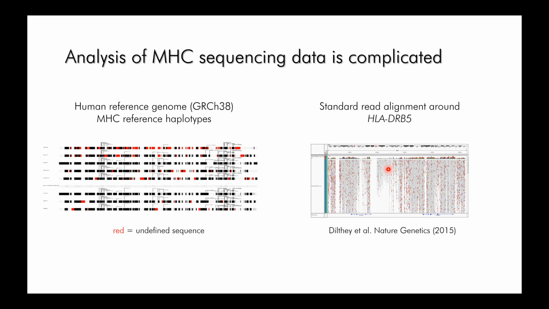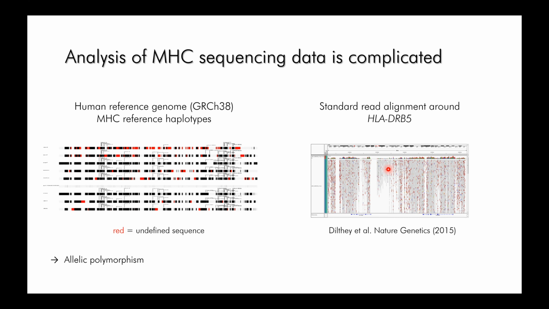And any kind of variant calling that is based on alignments of that quality is bound to be highly unreliable. So even if you do standard whole genome sequencing, you're not going to get particularly reliable sequence information across the complete MHC. And that, in turn, complicates the disease mapping use case that we have in mind.